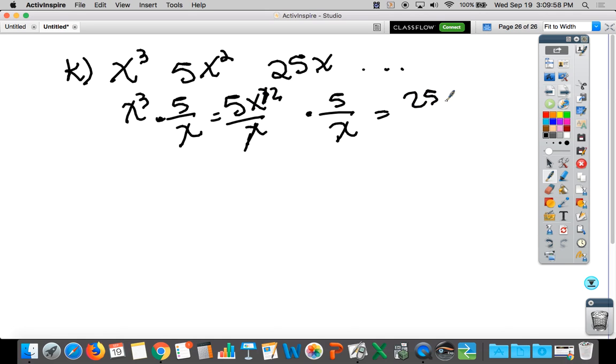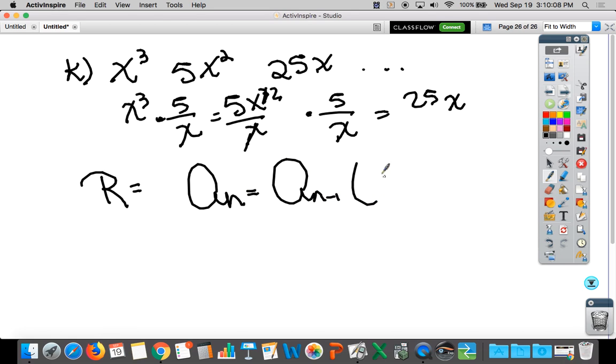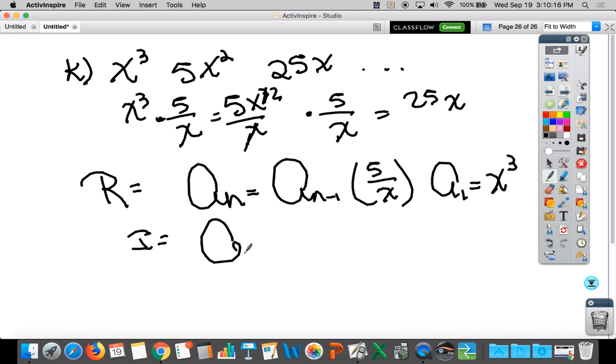X squared divided by x is x. That is my pattern. So the recursive is a sub n equals a sub n minus 1 times 5 over x, where a sub 1 is x cubed. Or your inductive, a sub n plus 1 equals a sub n times 5 over x. The 5 over x can go front or behind with the same a sub 1.